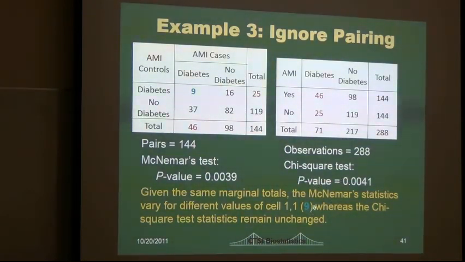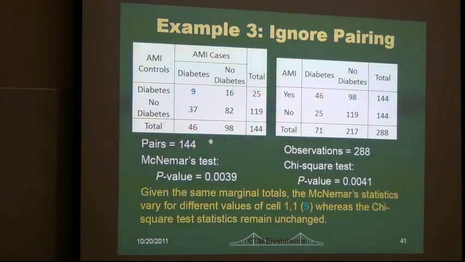So in this case, what happened? No matter how many pairs have both subjects with diabetes, if you use the chi-square test, you get the exact same test statistic and same p-value. But if you correctly use McNemar's test, your conclusion will vary depending on how many pairs have the common outcomes. So this test is more sensitive in detecting the difference in the proportion.